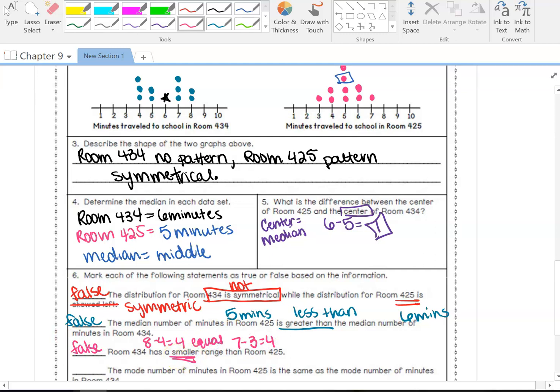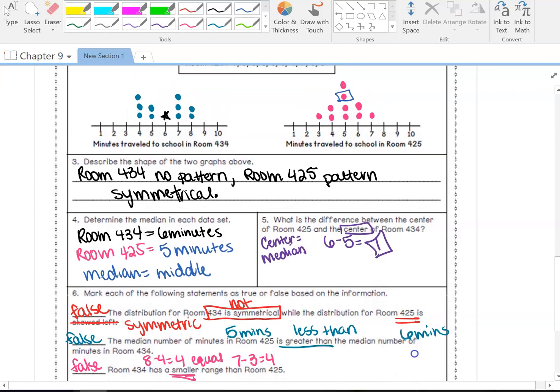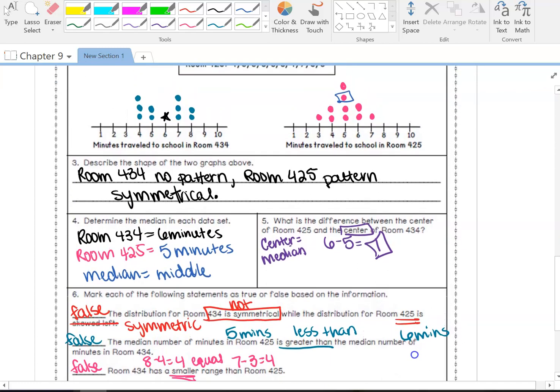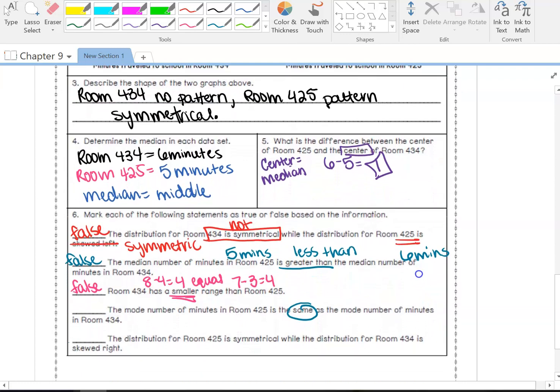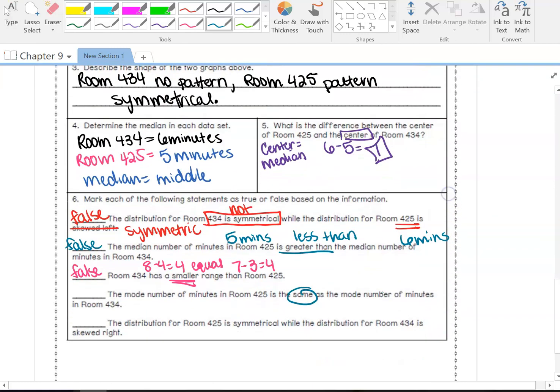It's not smaller. The mode number of minutes in room 425 is the same as the mode number of minutes in 434. So mode is the most. So for 434, the mode would be 4 and 7 because both of those are the most, and you can have two modes, so 4 and 7.